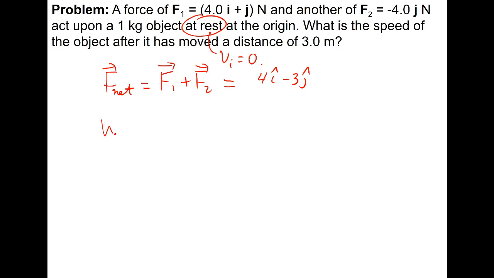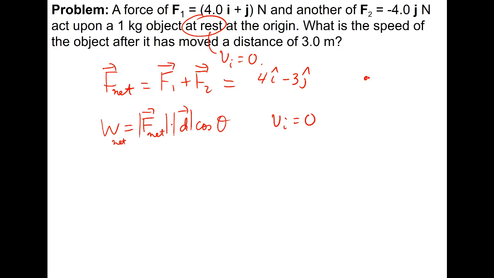And we also know that work is equal to F net dotted with displacement times the cosine of the angle between them. Okay? Now we can assume that the cosine of the angle between F net and D is going to be 1 because v initial equals 0.